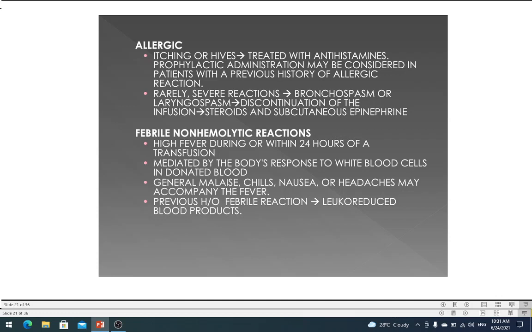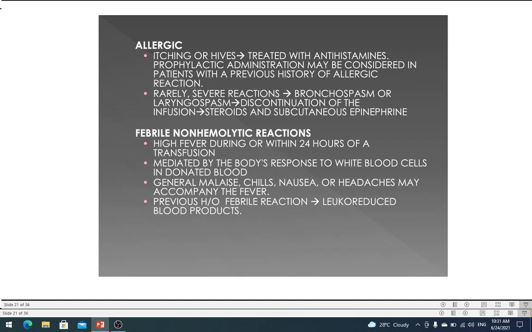The recipient's body is reacting to the WBCs derived from the donor. So this can be prevented by removing the WBCs from the donor blood. We will come to that later. Here again you will have malaise, fever, nausea, headache.